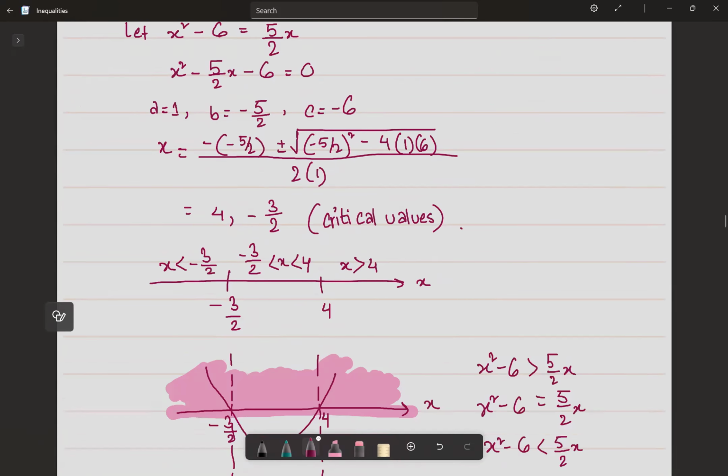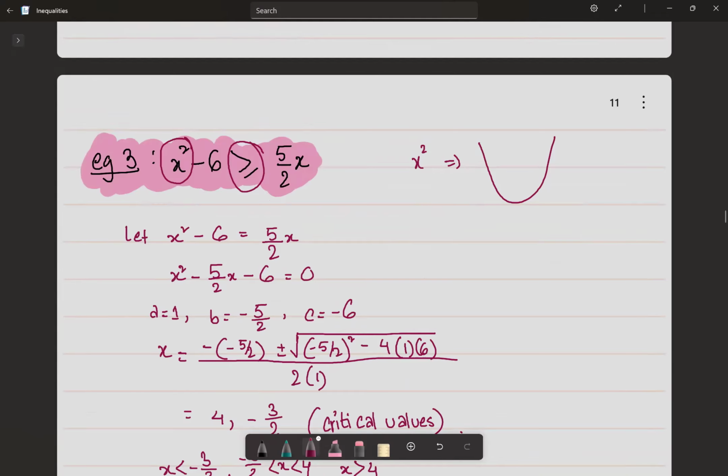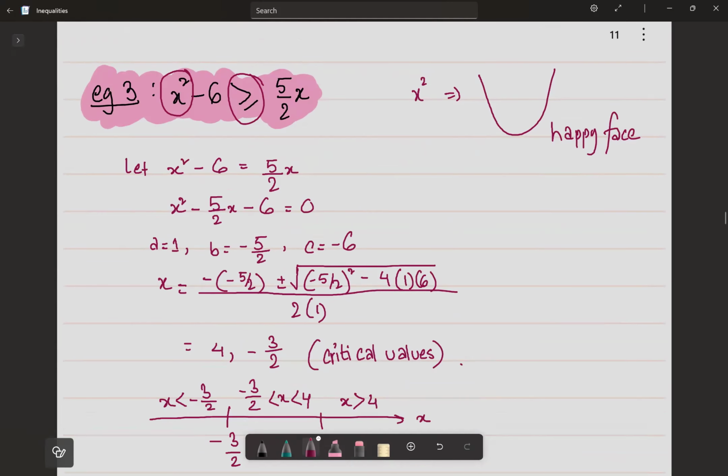So all our points are categorized into 3 regions, where one is x is less than negative 3 by 2, one is negative 3 by 2 to 4, and the other one is x is more than 4. Then because we have a positive x square graph, we know that positive x square graph is always the happy face graph. So we drew the happy face graph.